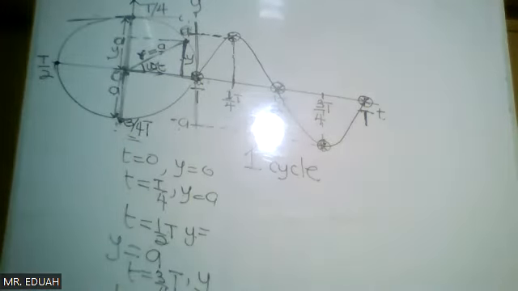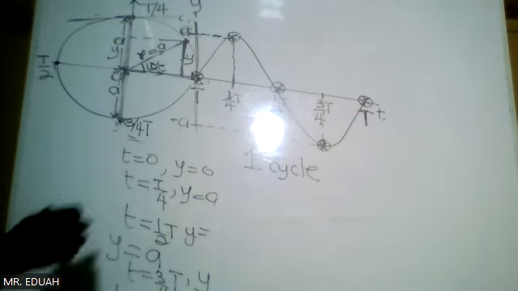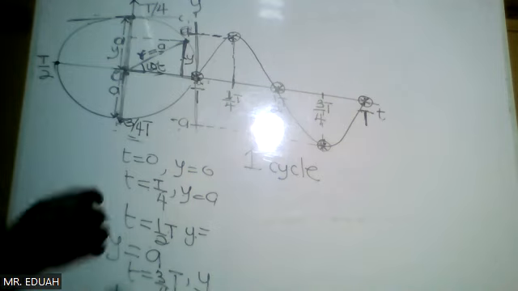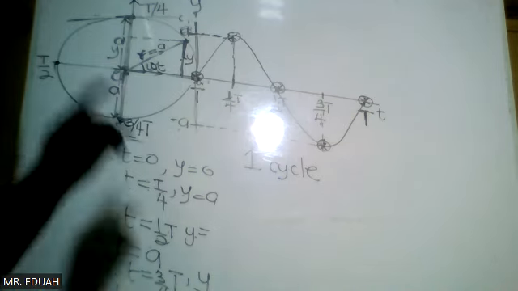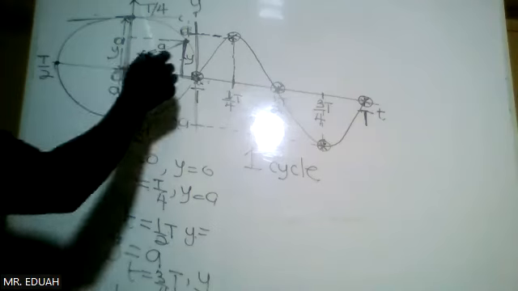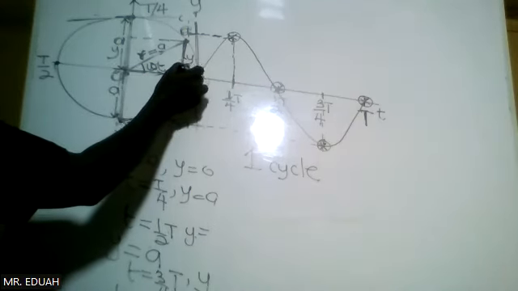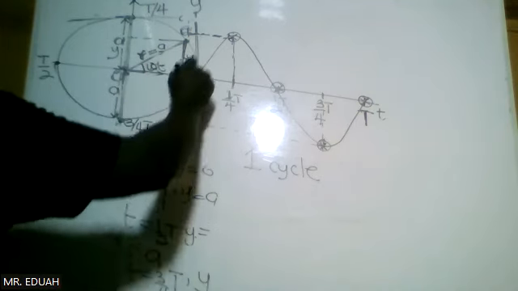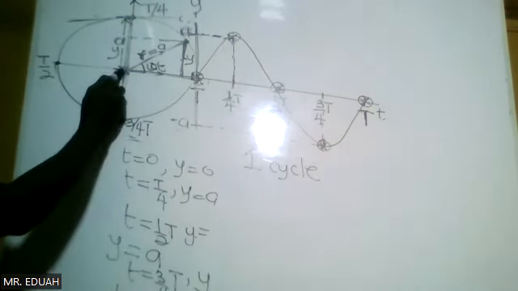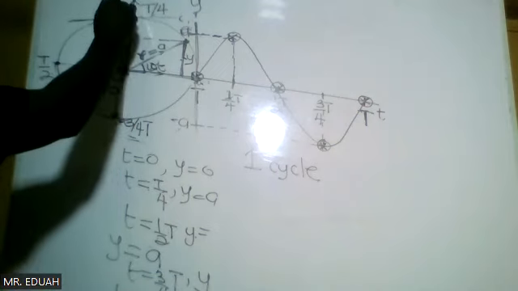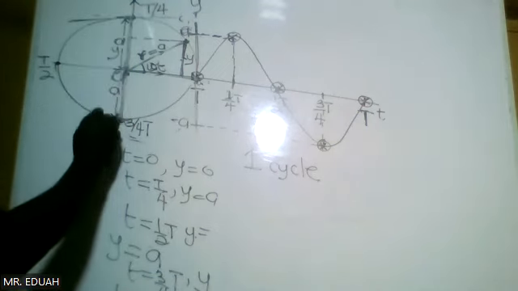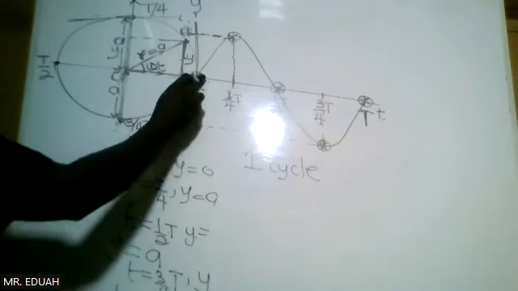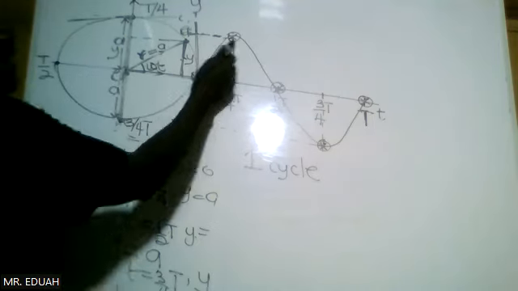When a body is doing circular motion, it is also doing simple harmonic motion. When the body goes around the circle once, it is the same as starting from O, moving up, coming down, and moving back to where it started. And so this is the displacement equation for one cycle.